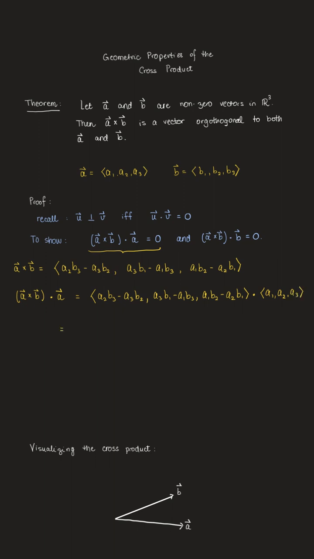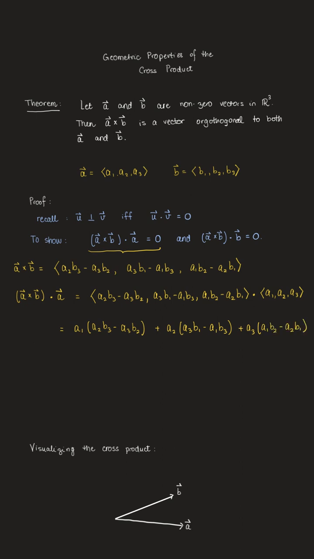All right, so if we do this algebraically, by the definition of the dot product, we multiply corresponding components and add. The first product will be A1 times (A2B3 minus A3B2), plus A2 times (A3B1 minus A1B3), plus A3 times the third component of the cross product, which is A1B2 minus A2B1.